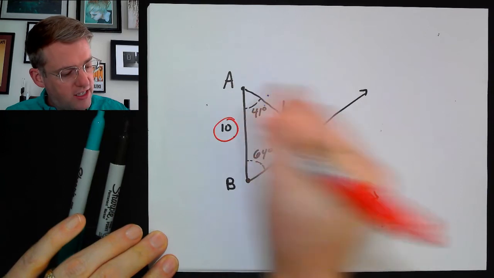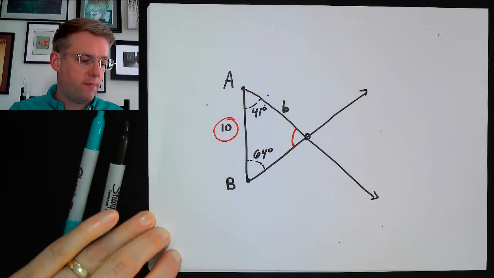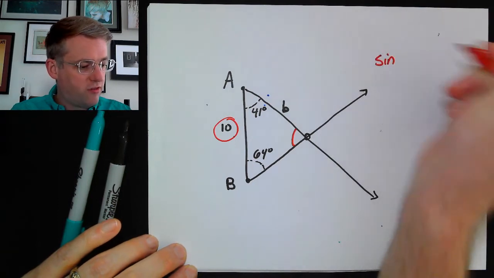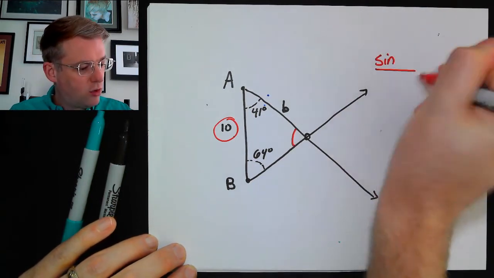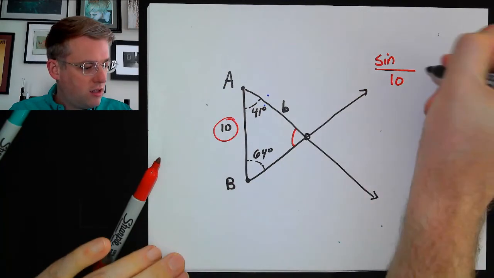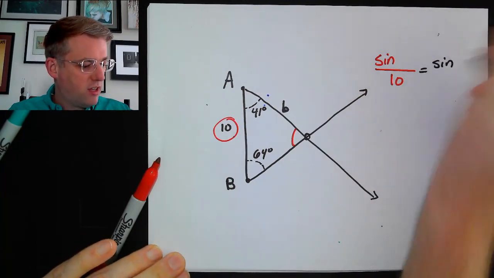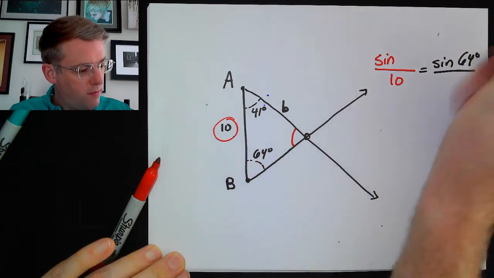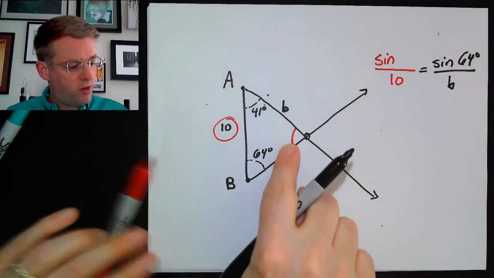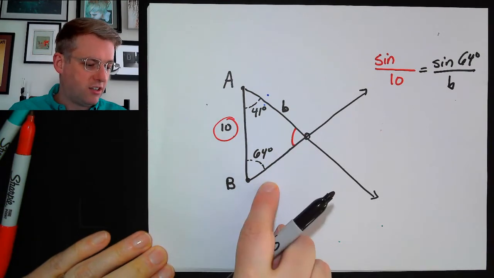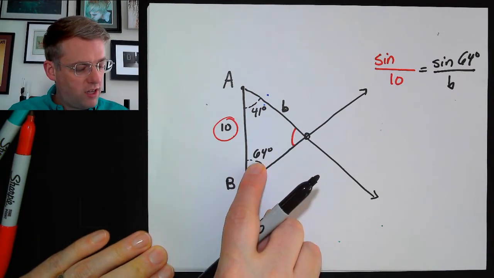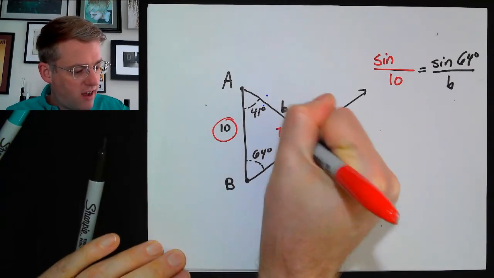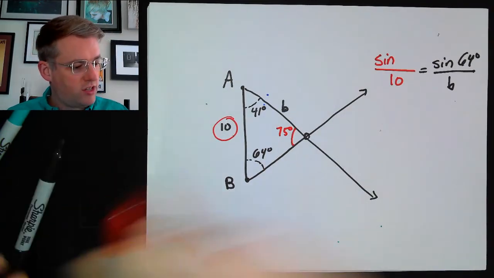We need to link the 10 up with the angle over here, because that's how we're going to write our proportion with the sine of that red angle over 10 equal to the sine of angle B, 64 degrees, over B. I'm not going to bother putting a variable here because of the triangle angle sum property. 64 plus 41 is 105. That means this is a 75-degree angle to make 180 degrees.